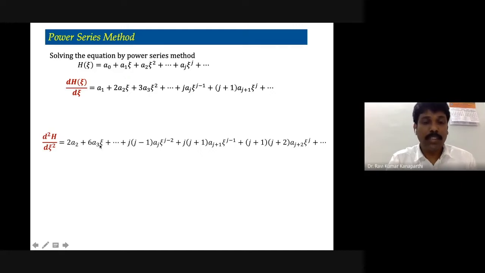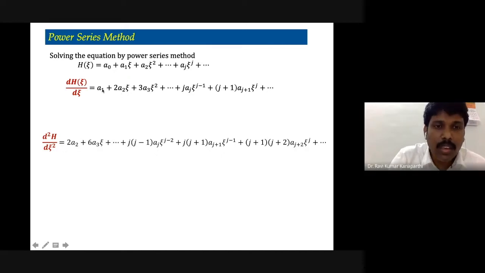This constant term will give 0 in the second derivative, and then 2a2. Here z is there, so the derivative of this one is just 1, so it is just a constant 2a2.